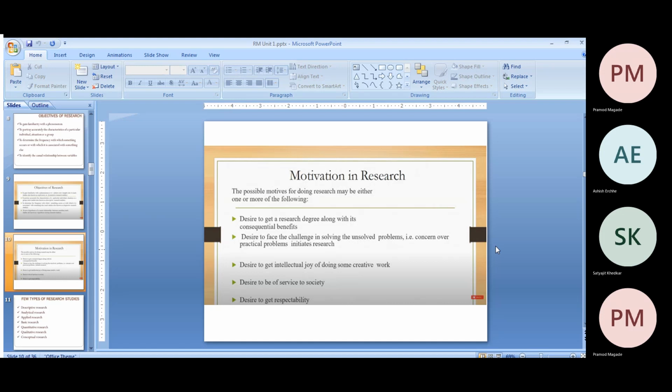Suppose someone is doing a patent and that patent is awarded, and after awarding, the government of India decides to use this patent for regular work, then what kind of respect that particular person gets, and that feeling is totally different. So these are the basic motivational things behind this research. Are you getting it, the things which we have studied today?